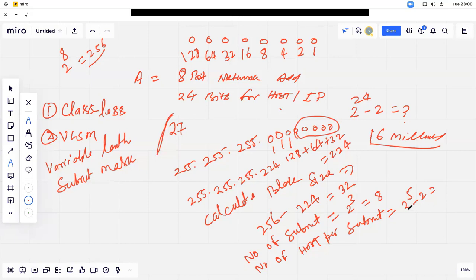So 2 raised to the power 5 means 32, 32 minus 2 equals 30. So you will get 30 IP addresses in each subnet or each network, and the total number of subnets or networks is 8.